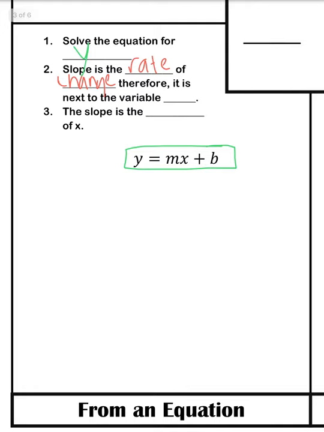Therefore, it is next to the variable x. So right here, we know that this is slope. If you remember from equation solving, we can say that the slope is the coefficient of x.